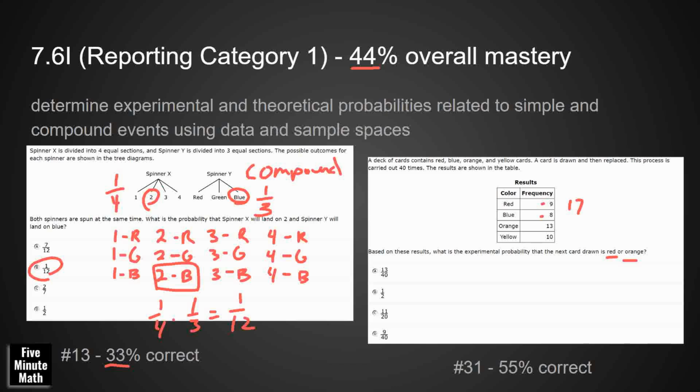All together. That's red or blue. Let's get red or orange. That's going to be 20. And you don't have to add. They give it to you, 40. So 20 out of 40, we simply need to simplify that, and we're going to get 1/2. Okay, so that seemed to be a little bit easier.